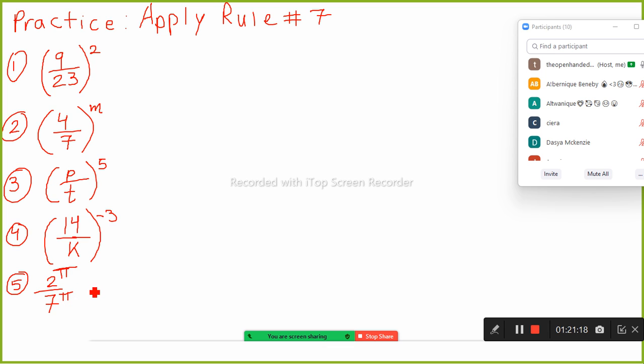And so the question is, how would we solve? Let's just do our last one, number 6. For good measure, let's say we have 9m all over 10p. I'm going to raise that to the power of n.